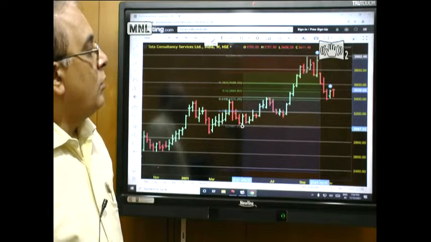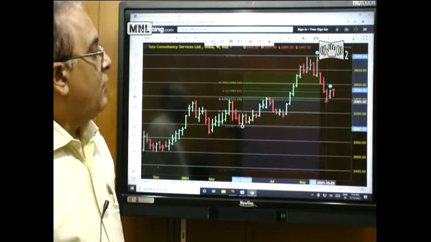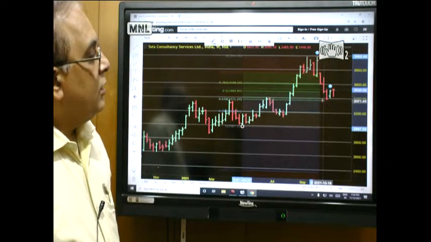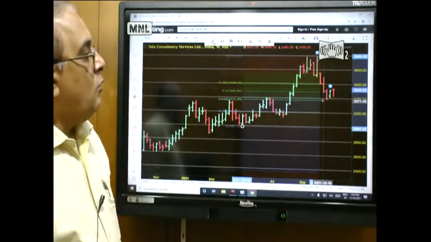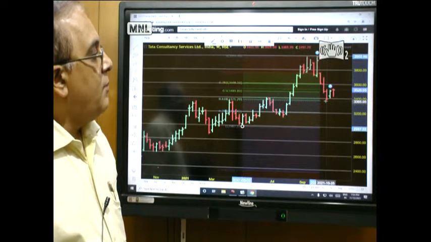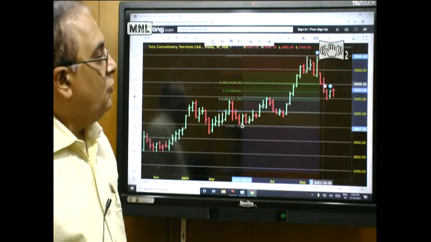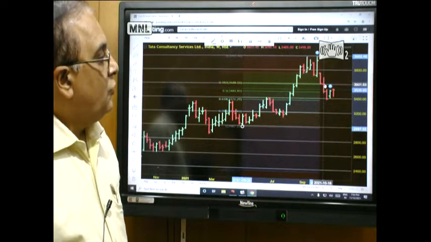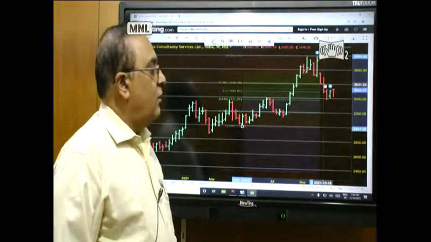So this is a little better, because now, for this particular place, it came to 3371, and that is where it is holding. So that means, since it has come up to this, we can expect some resistance at this level, which is 3608. So TCS, once it starts clearing 3608, it will be on fire.